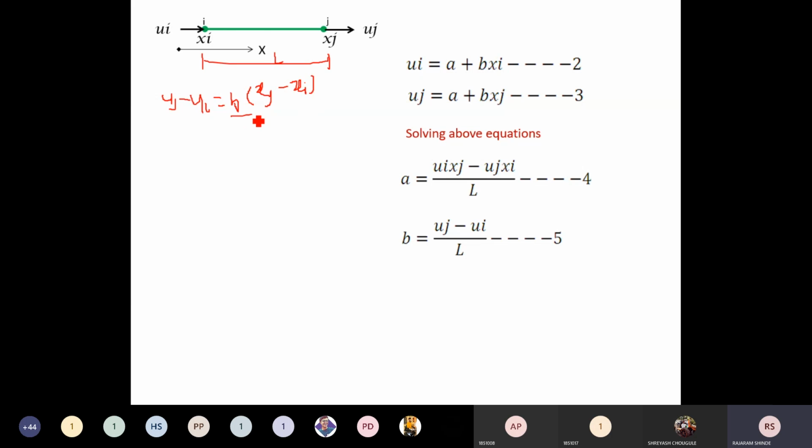Now you will get b is equal to uj minus ui divided by xj minus xi, but xj minus xi is the length of the element.